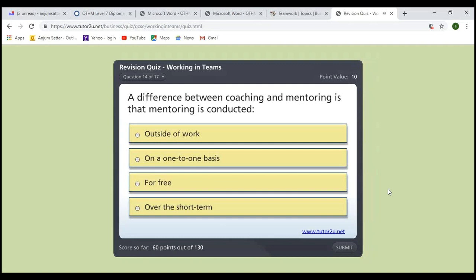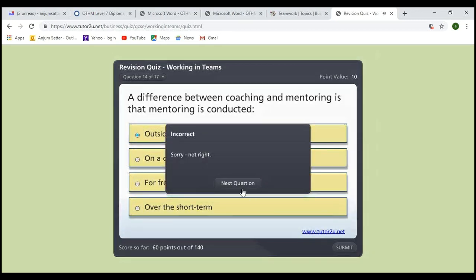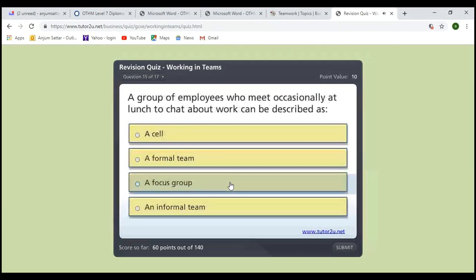Okay, a difference between coaching and mentoring? Mentoring is outside of work. Outside the work? No. One-to-one mentoring.